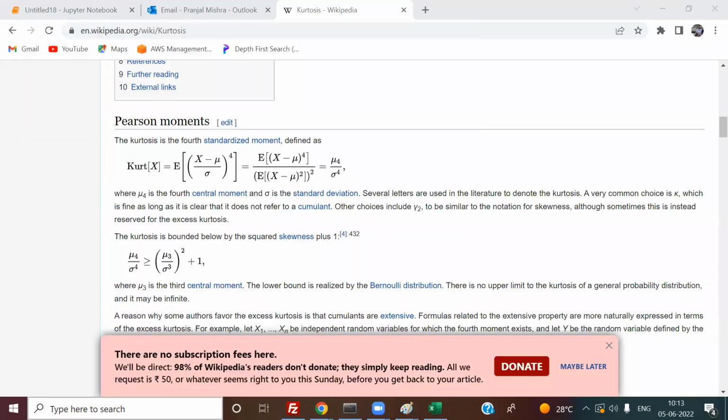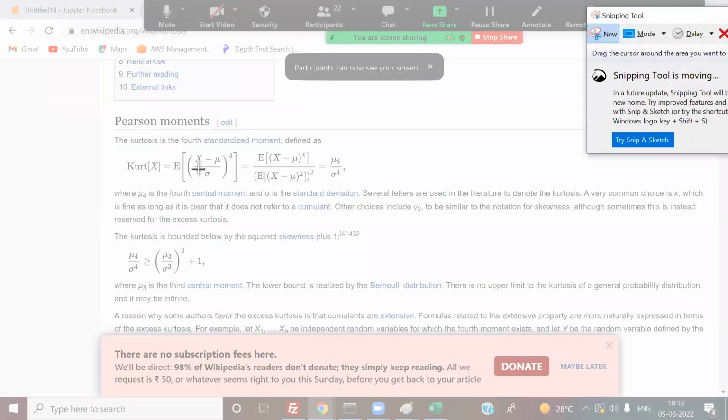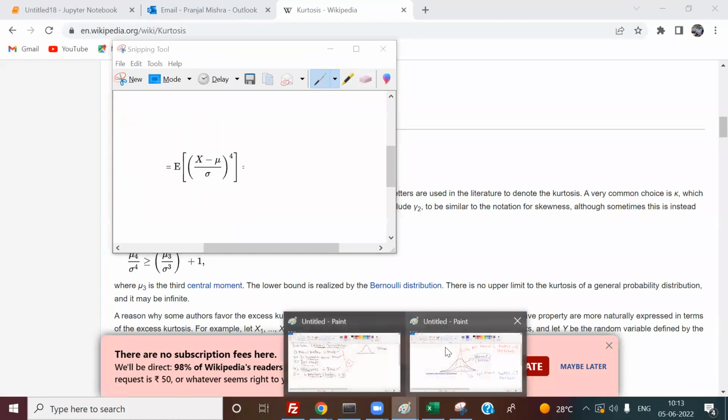Though I am not recommending it to be remembered, but if you are still interested, this is the formula. This will be your formula. This is the formula. It's not very difficult, you can memorize it if you want.